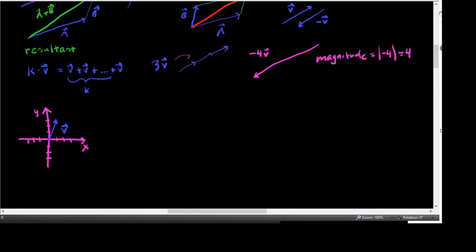A position vector u with endpoint A, B is written as vector u equals angle bracket A, comma, B, angle bracket. So this vector right here that I've drawn, vector v, is equal to angle bracket 1, comma, 3, angle bracket, because it terminates at the point 1, 3.